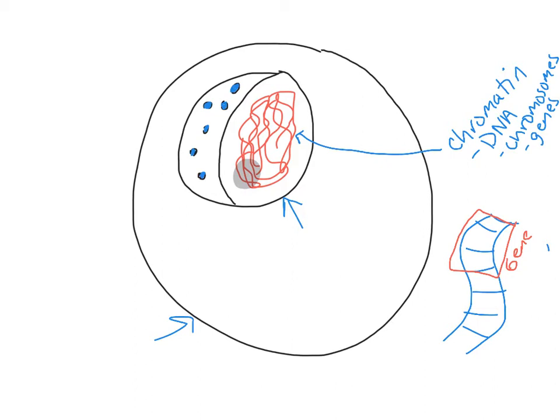And that gene has a code in it. It has a sequence of nitrogenous bases that make up a code. So the gene will code for a certain protein. A gene codes for a protein.